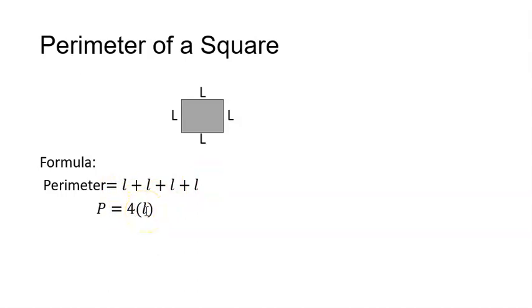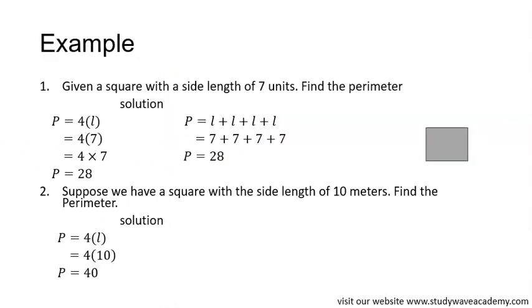Do you understand? So we're going to be looking at how to get the perimeter of a square. The total distance of all the sides of the square, okay? Example 1: given a square with a side length of 7 units, find the perimeter.